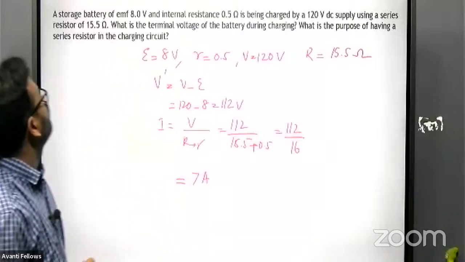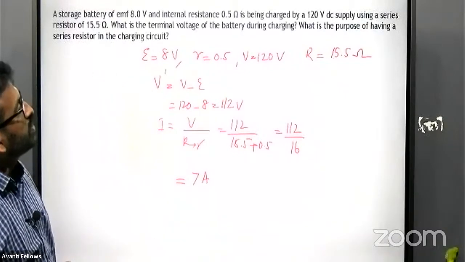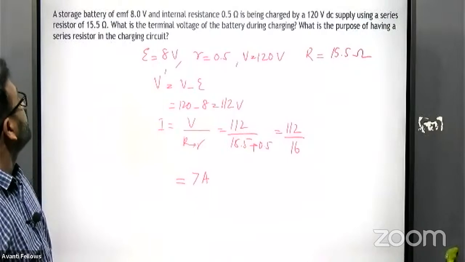The question is, what is the terminal voltage of the battery during charging? What is the purpose of having a series resistor?